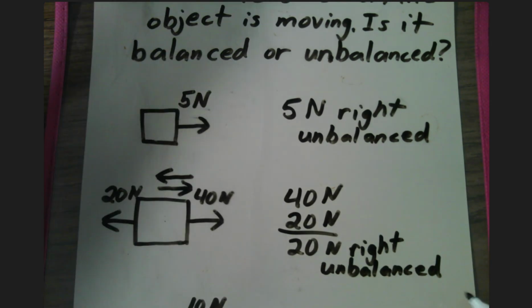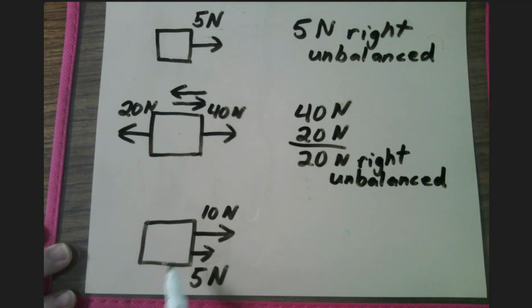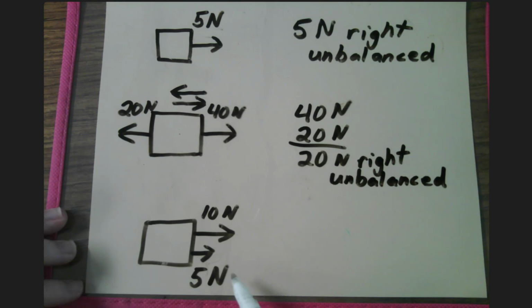Let's look at another one. All right, this block, we have 2 forces going in the same direction. 10 newtons going to the right and 5 newtons going to the right. These forces are not going against each other, they are helping each other.